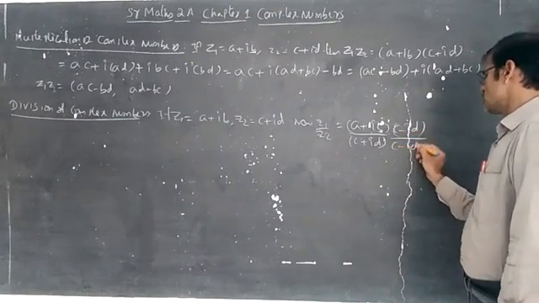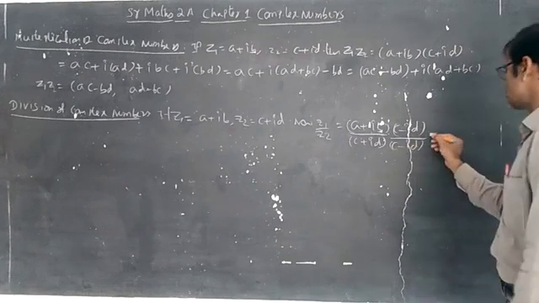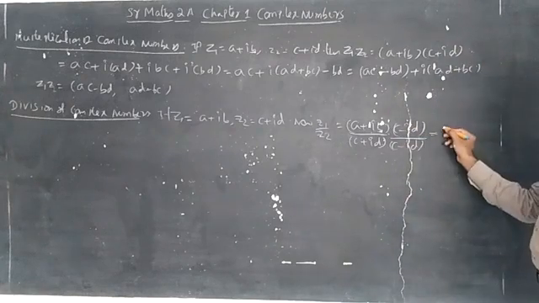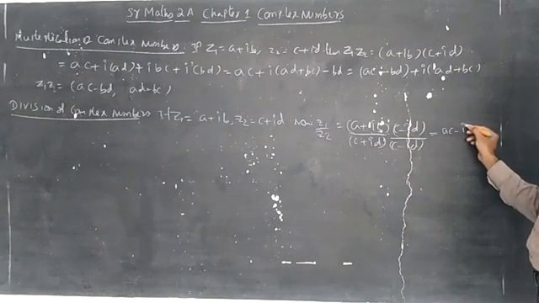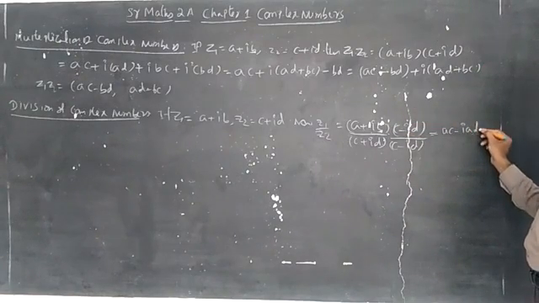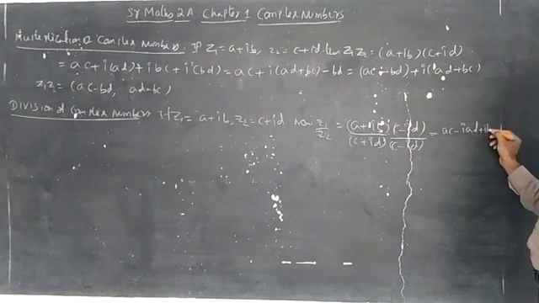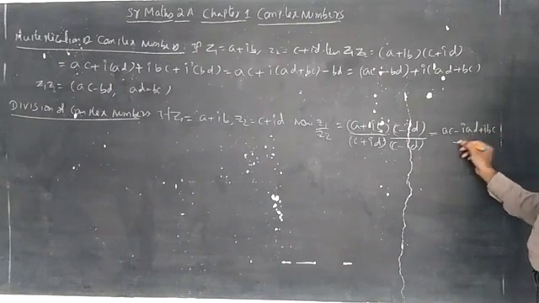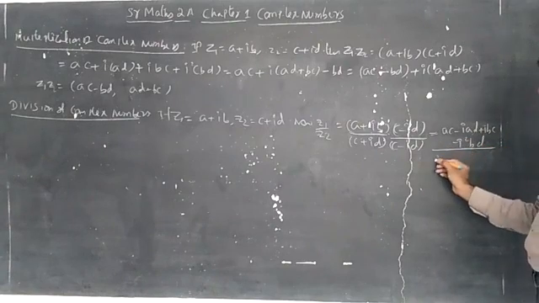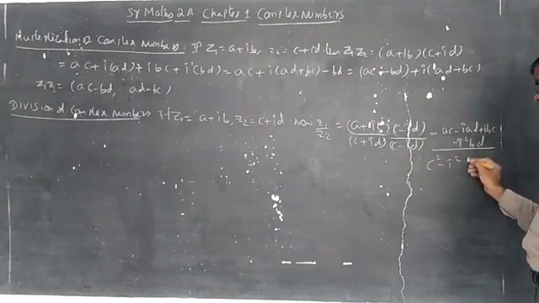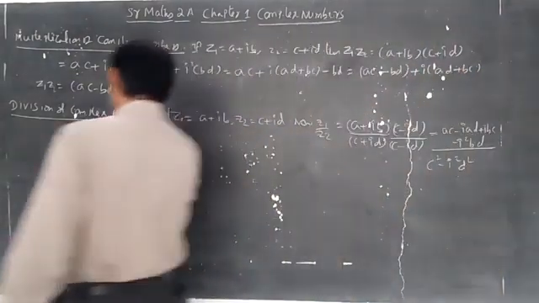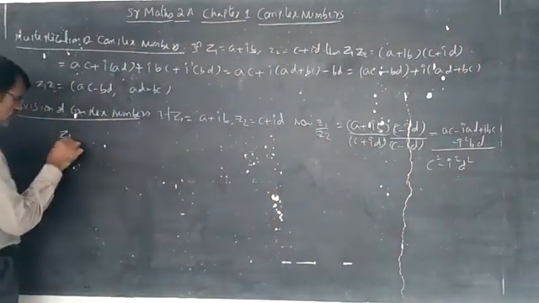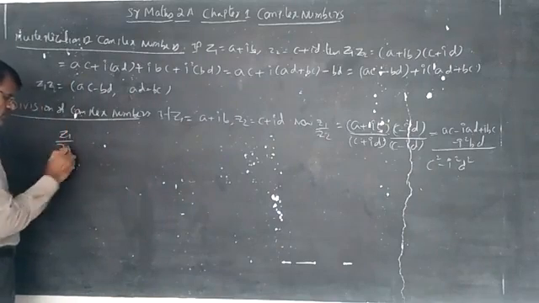Multiply like this: ac minus iad plus ibc minus i square bd, whole by c square minus i square into d square. Therefore, I am writing this as z1 by z2.